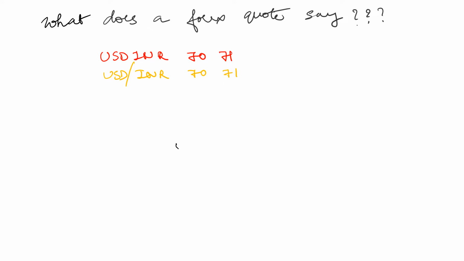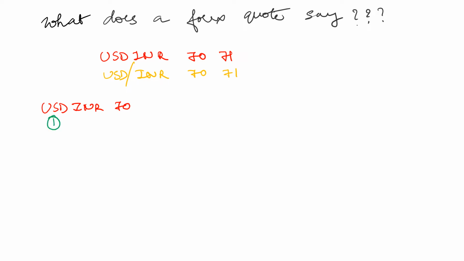Next, let us discuss what are the components involved in this quote. Let us take the first quote, USD INR 70. There are three things involved in this quote.